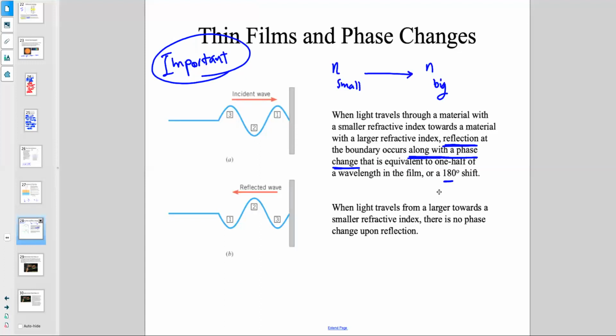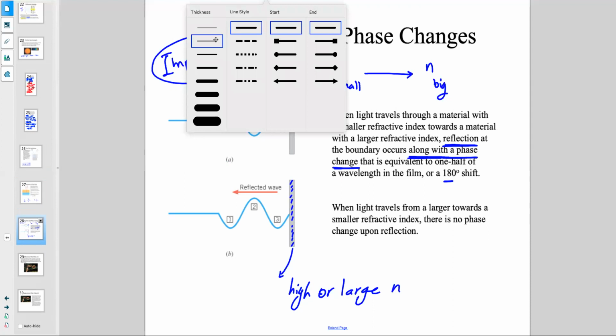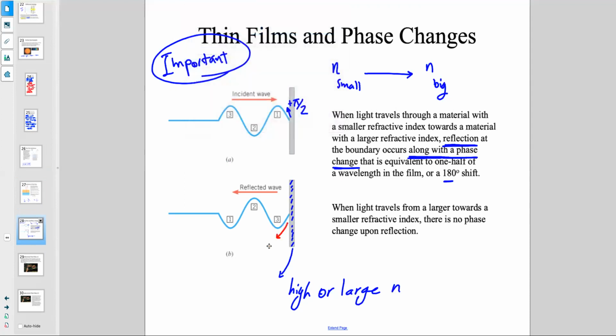In other words, if you have an incident wave going in, the phase is positive pi over 2, but once it is reflected, because medium number 2 has a large index of refraction, you will have a phase change of 180 degrees.